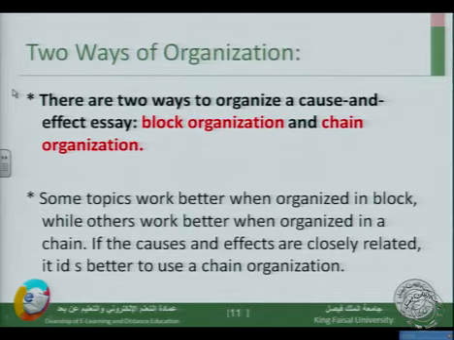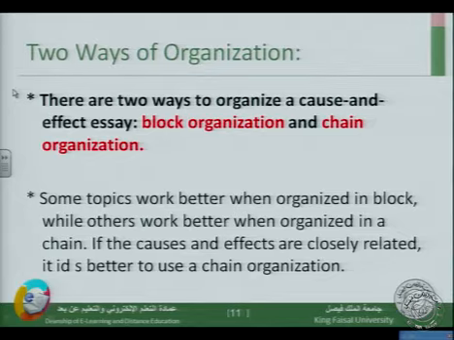Two ways of organization. After we have defined what a cause and effect essay means, we're now going to talk about the organization of a cause and effect essay. As you can see here, there are two ways to organize a cause and effect essay.